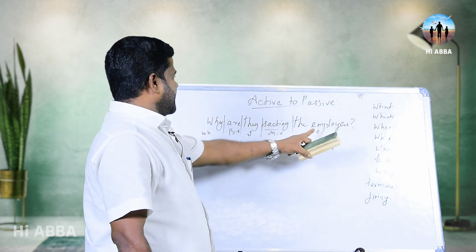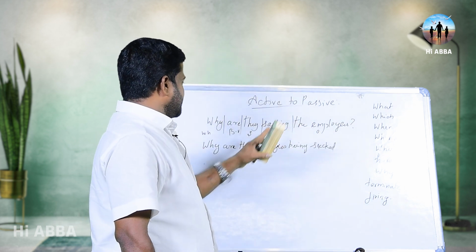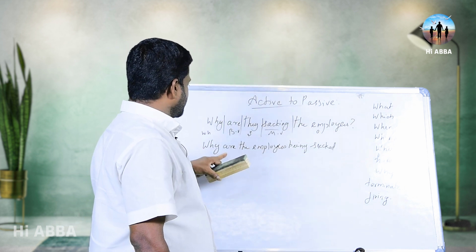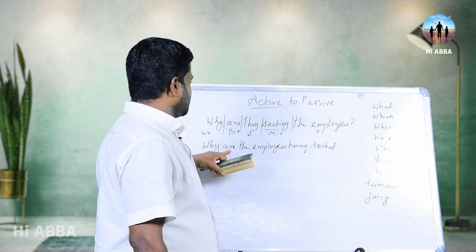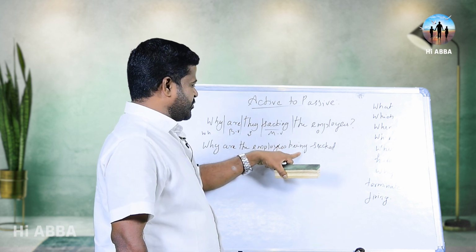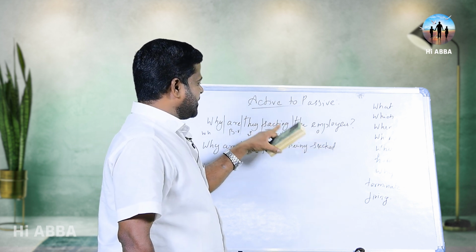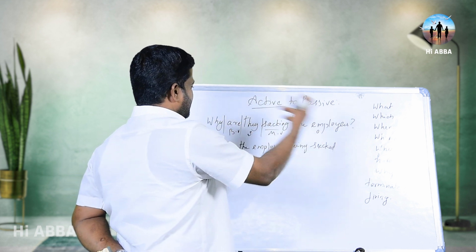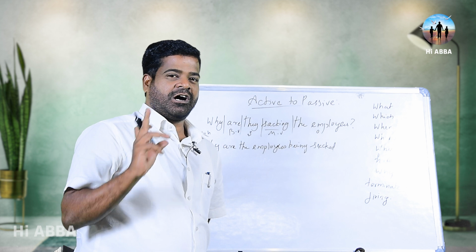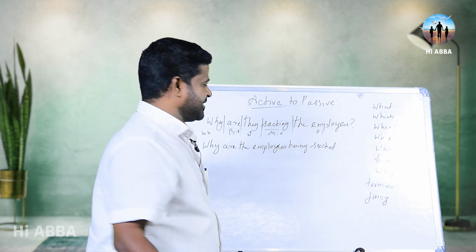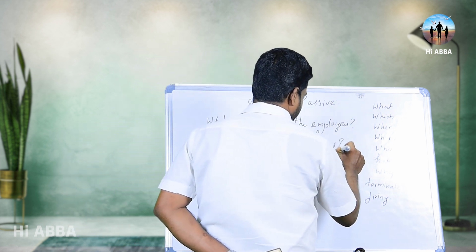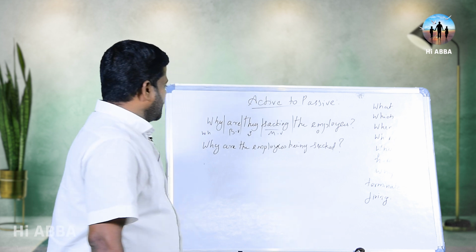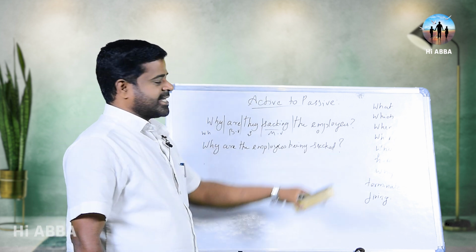Again the employees, the object there, becomes the subject here. According to that we have written the be form verb. This is continuous tense, so we have written being. Then the V3 of sacking is sacked, we have written that. Now by them is optional, agent omission, we don't have to write that. Why are the employees being sacked?